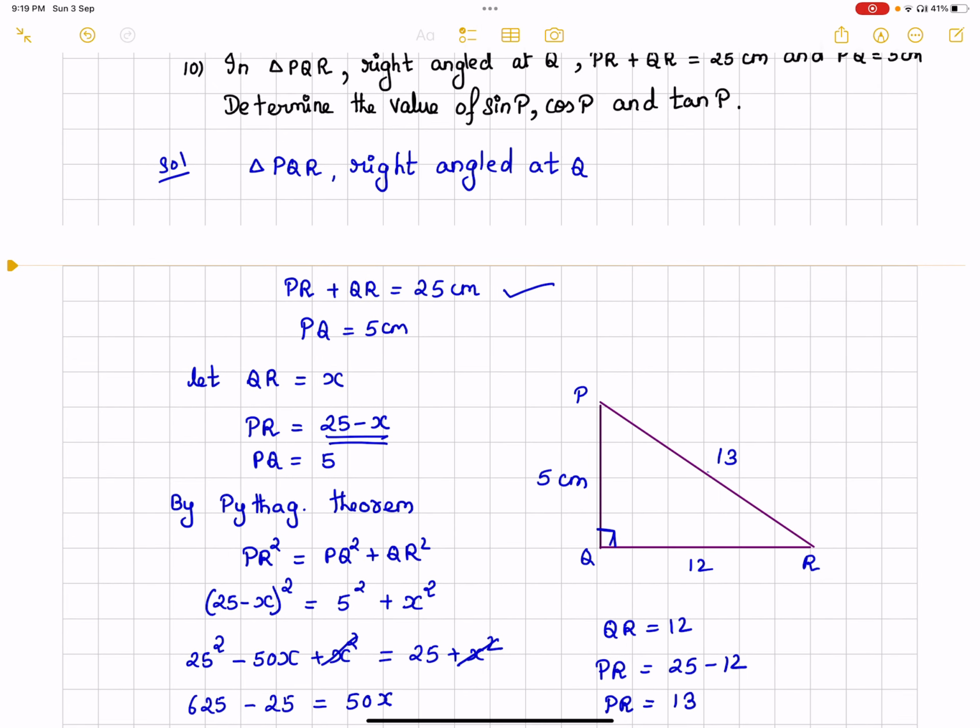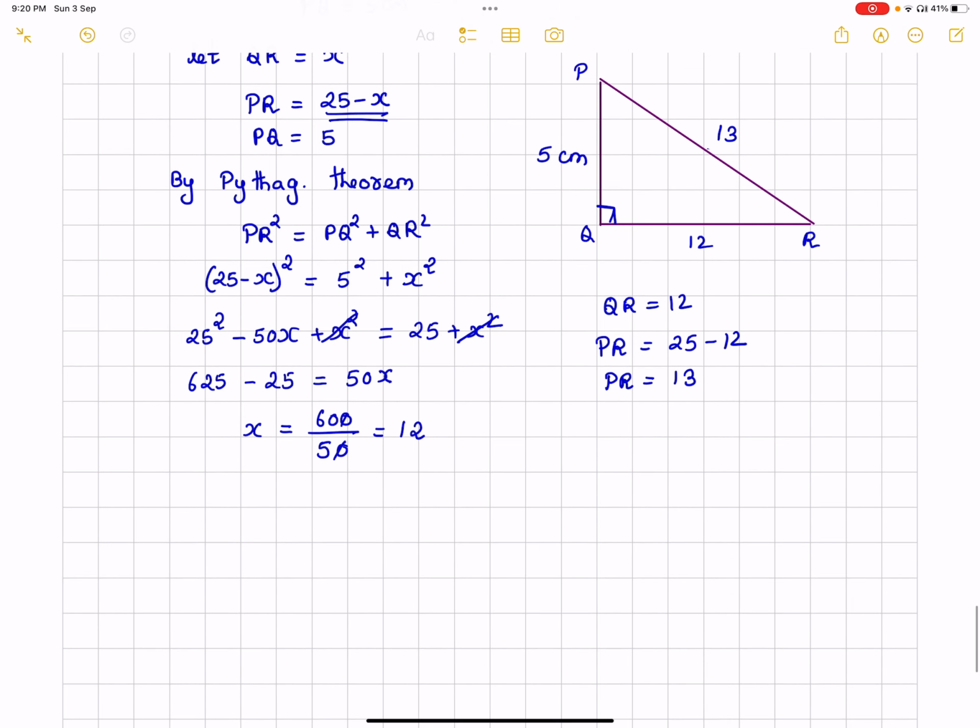Now the question is to find sin P, cos P, and tan P. Sin P is opposite side by hypotenuse. Opposite to angle P is QR divided by hypotenuse PR, which is 12 by 13. Then cos P is adjacent side PQ divided by PR, which is 5 by 13.